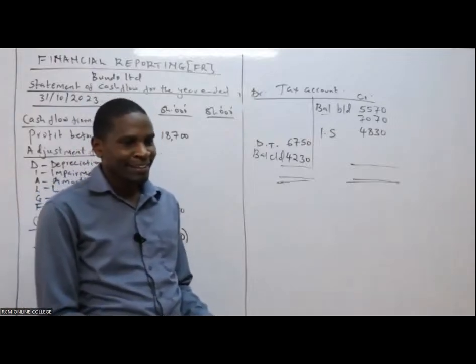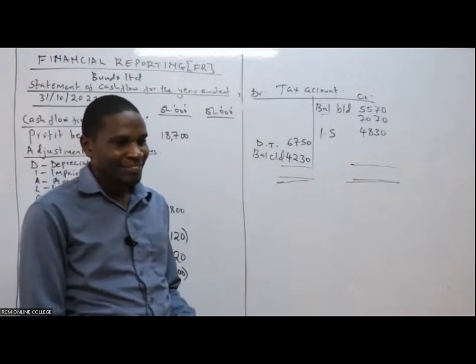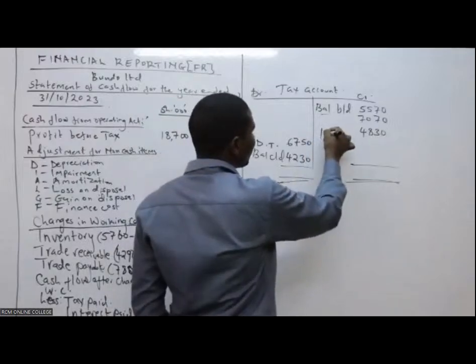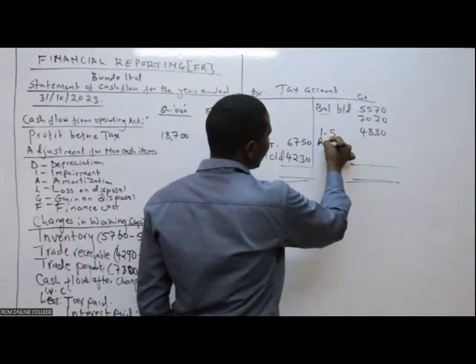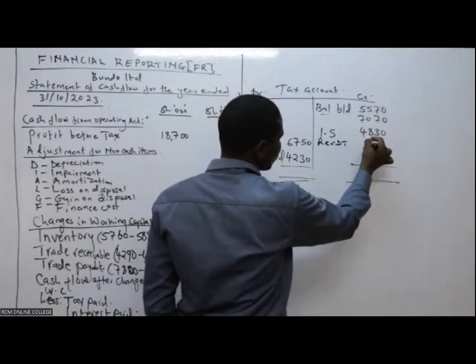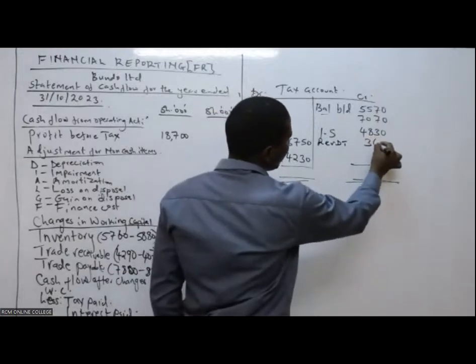And we credit under deferred tax. Ili sasa tupate the tax paid. Under revaluation, there was deferred tax of what? Ni ngapi? 360. Yes, 360.